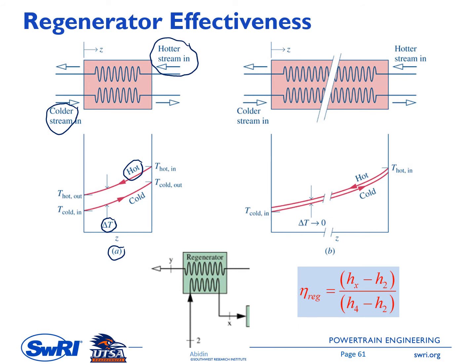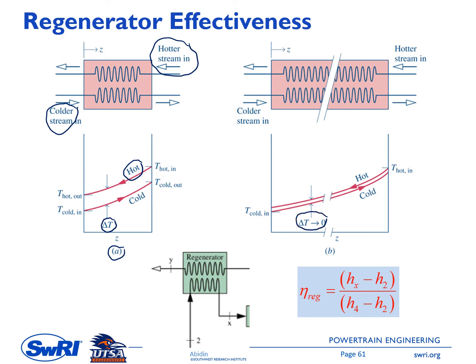For the ideal heat exchanger or ideal heat transfer, where we have infinite surface area, the temperature difference between these two streams will be smaller, or ideally it will approach zero. So this happens when the surface area is infinite. So if we have this ideal condition, then you can see on the right side here that the delta T approaches zero.